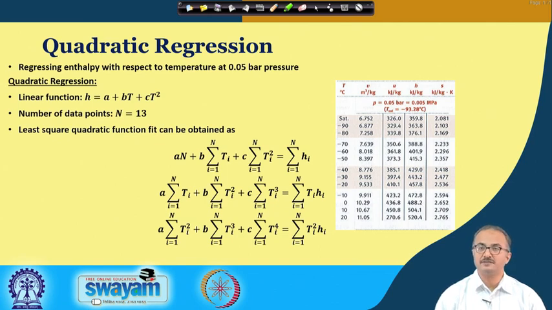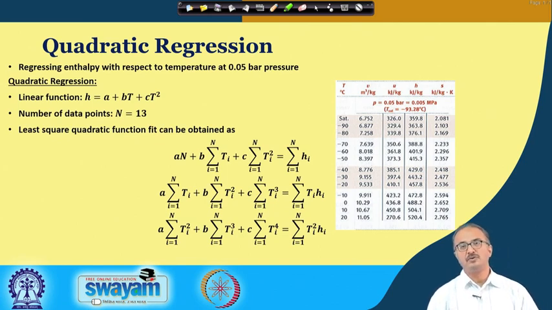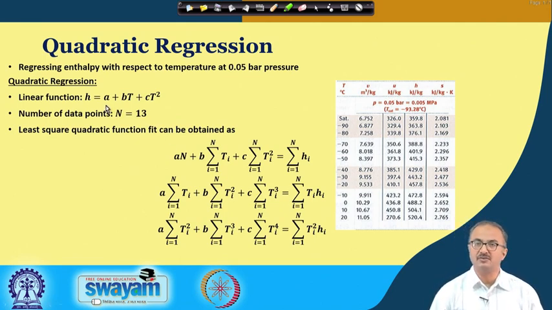Now, just for the sake of testing, we go for quadratic regression. In quadratic, as you know, we have the formula H equal to A plus BT plus CT square, and we apply the same procedure as before. These are the equations you get after the quadratic least square fit, and we are considering the data given for 0.05 bar.